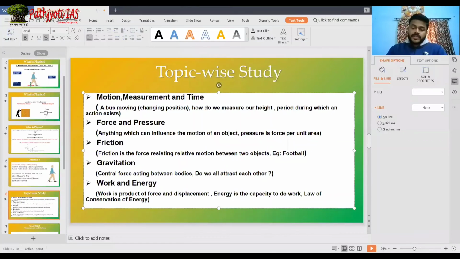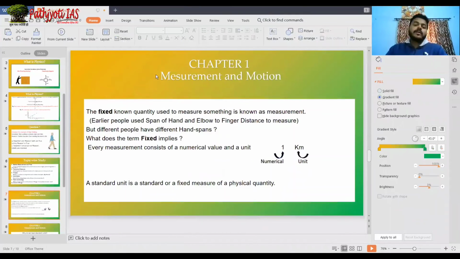So the law of conservation of energy we would be discussing next. Yes, we would be starting from the very basics, measurement and motion. It's already 2:40, so I'll just complete this one slide, or we can take up doubts.